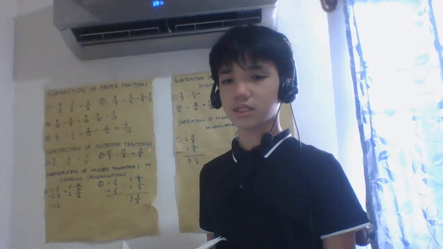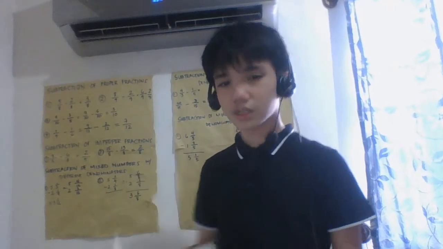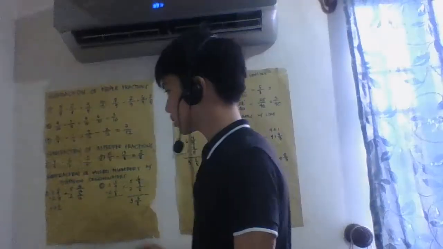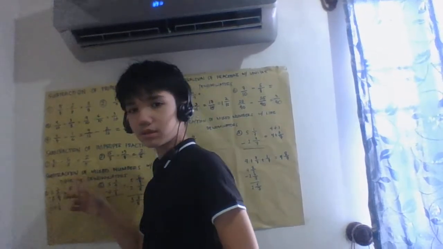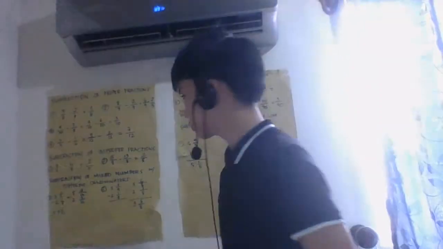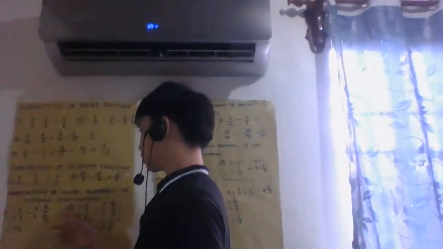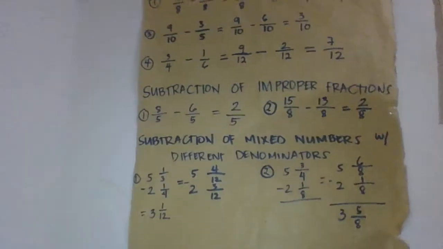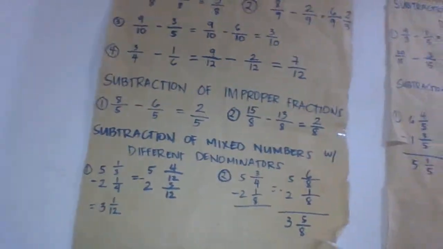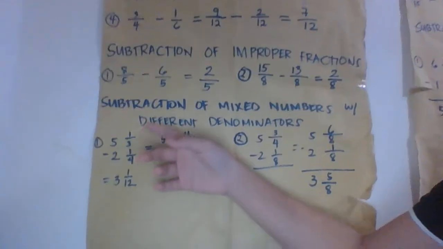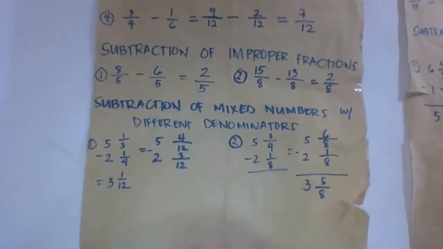If the top fraction is larger, compare the two fractions. Subtract the fractions. Subtract the whole numbers. Simplify if possible. This is the mixed numbers in different denominators. 5 and 2 over 3, and 1 and 3 over 4.